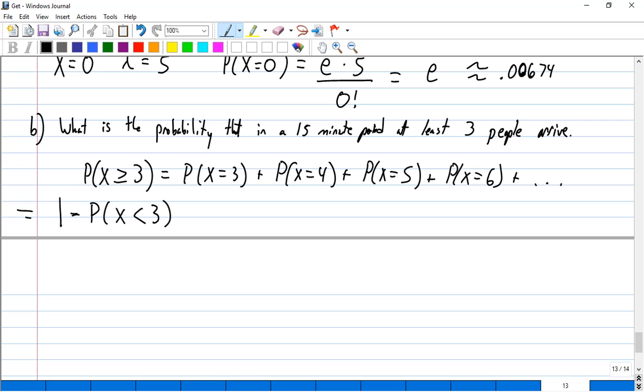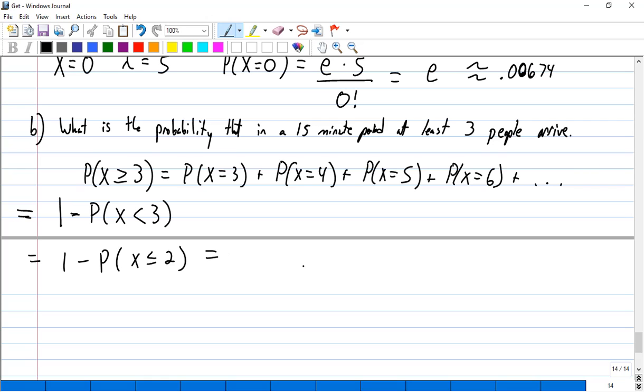Now, there is another way to write less than 3, isn't there? Another way would be to write x is less than or equal to 2. I don't care which way you write it. It's just that if you write it as less than 3, you might be tempted to work out 3. But you don't work out the probability for 3. Since all of these are whole number occurrences, less than or equal to 2 and less than 3 mean the same thing. Okay?